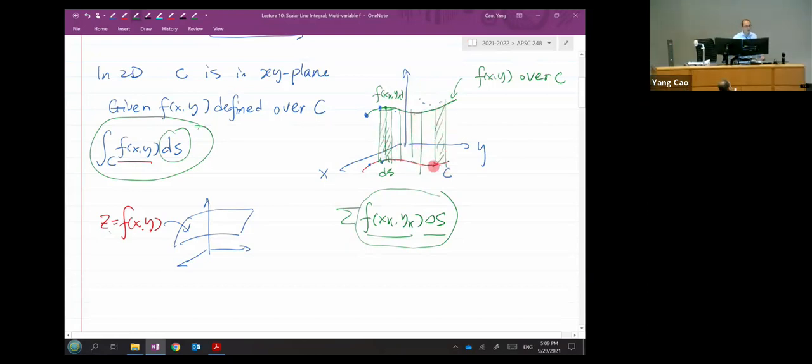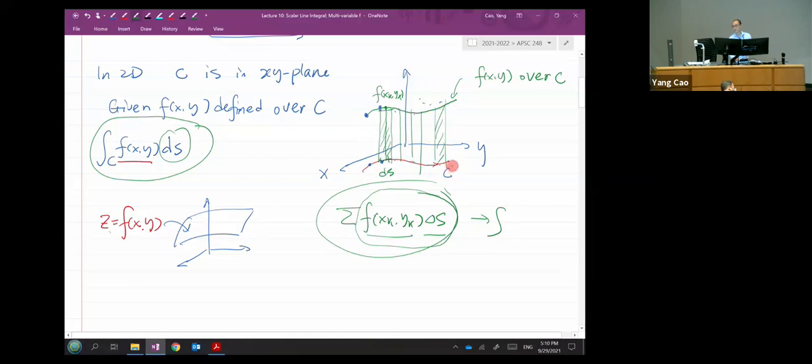You're adding up all of the areas underneath this curve. Does that make sense? Then in total, this is basically the integral here. In total, you get the surface area, exactly. All the area underneath this curve, above the curve C.